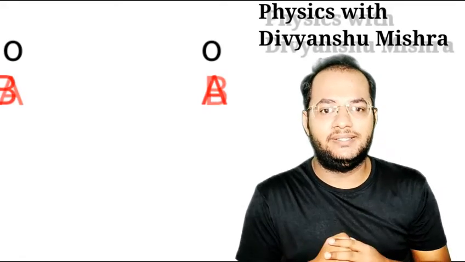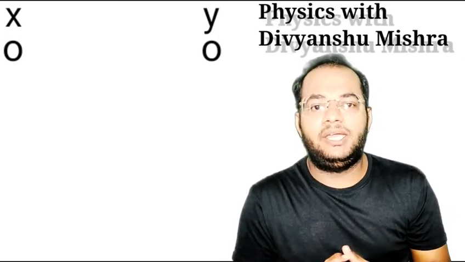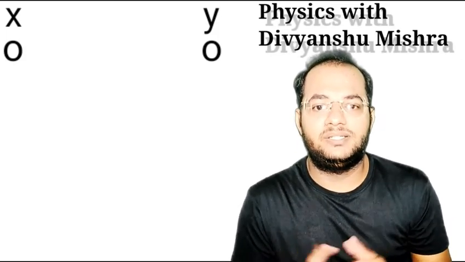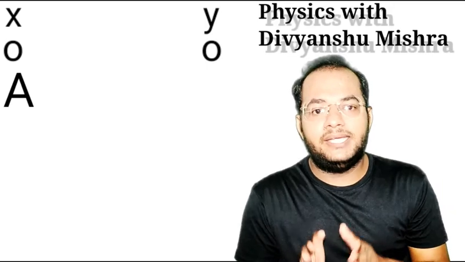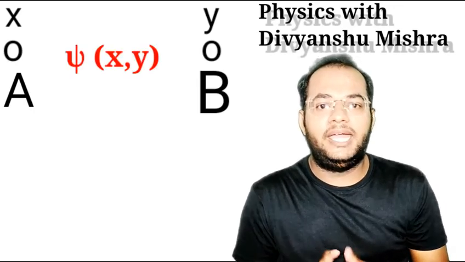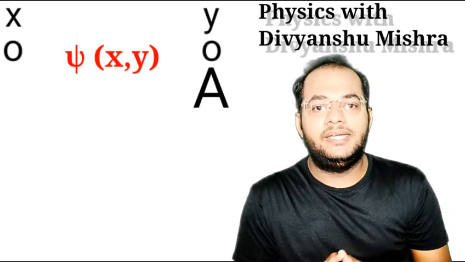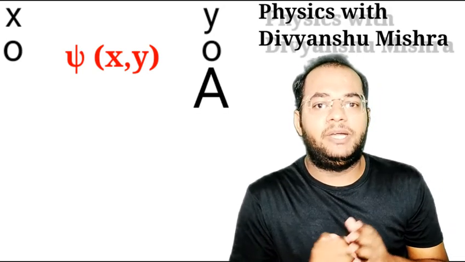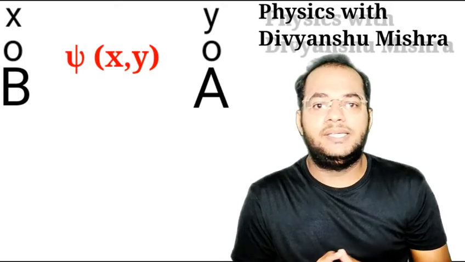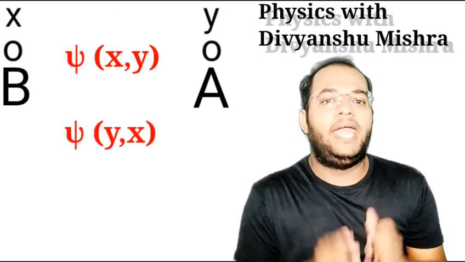So let us consider there are two places, x and y, where the particles can be in our quantum system. If particle A is at position x and particle B at position y, then the corresponding wave function will be psi(x, y). If particle A is at position y and particle B is at position x, then the corresponding wave function will be psi(y, x).